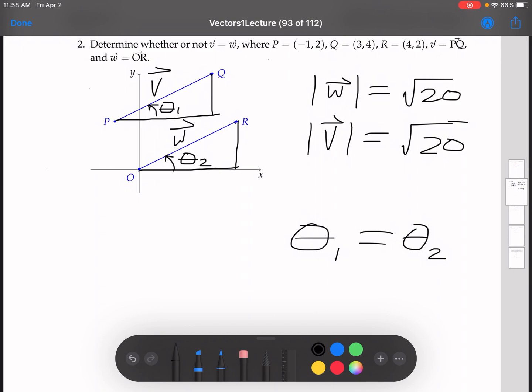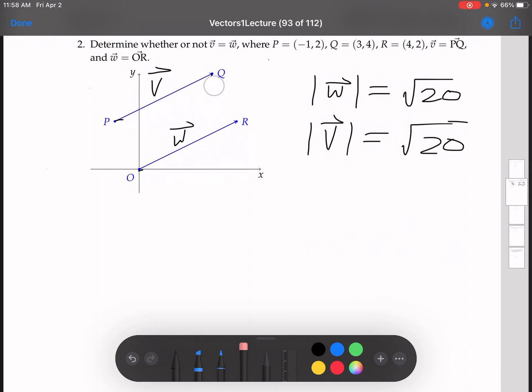Now, for the purposes of this class, because we are working only in 2 dimensions, and I want to stress that, we can tell if they have the same direction by looking at the slope. So what is the slope of the line segment PQ?